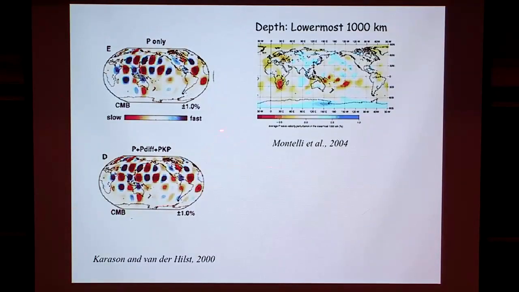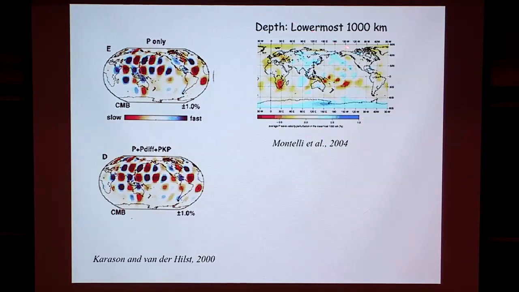So why is this a problem? Now we're looking again at this checkerboard pattern, showing that in the southern Pacific, or in the southern hemisphere, you can't really recover your checkerboard pattern. Even if the checkerboard is not your ultimate test, if you can't recover your checkerboard, you've got a problem, right? This is Montelli et al.